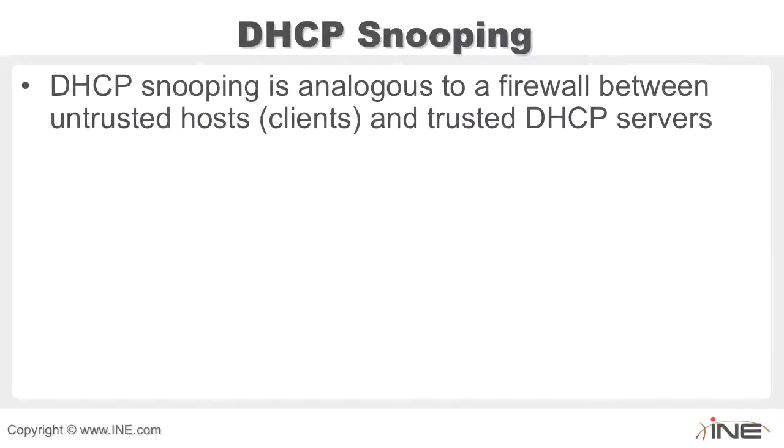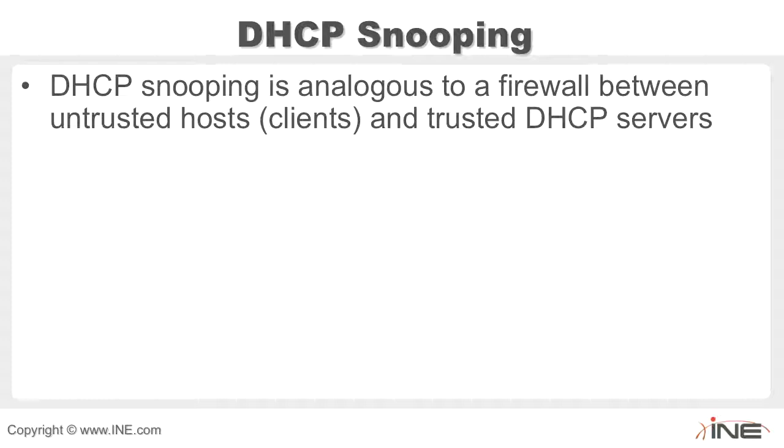So just taking a look at DHCP snooping at its basics, DHCP snooping is analogous to a firewall between the untrusted hosts or clients and the trusted DHCP server. The idea is we don't want to allow any untrusted DHCP servers, any rogue DHCP servers, onto our network.